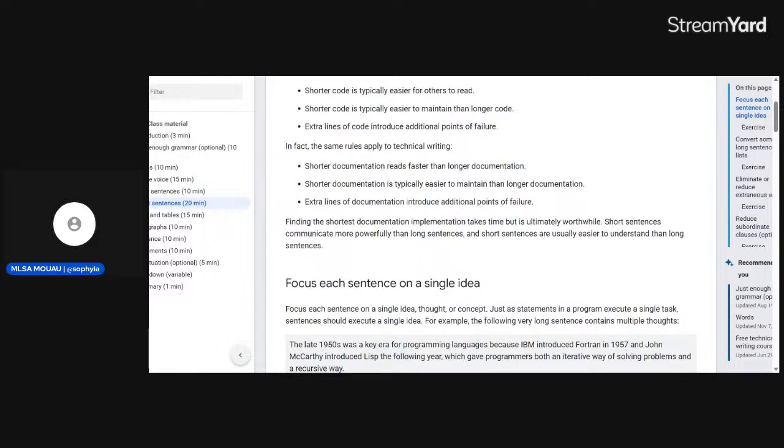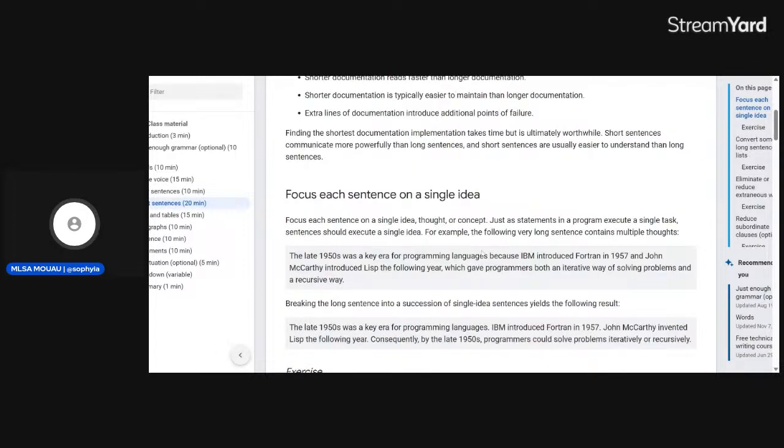So try to break down your idea or the information you are trying to pass through into shorter sentences. And another thing is focus each sentence on a particular idea.